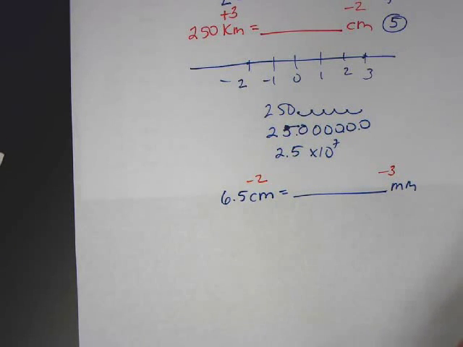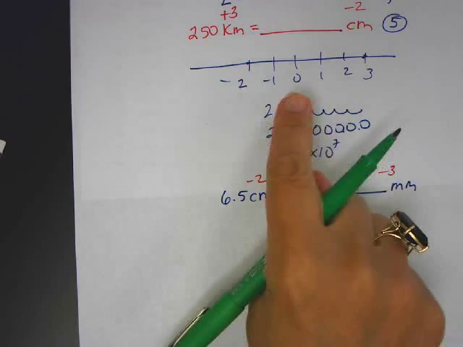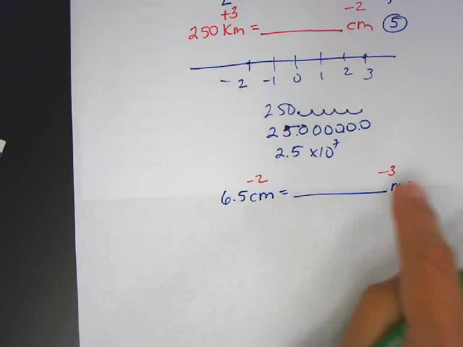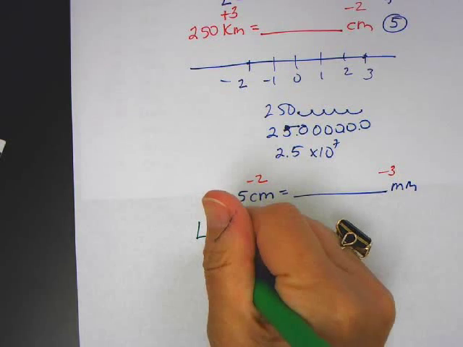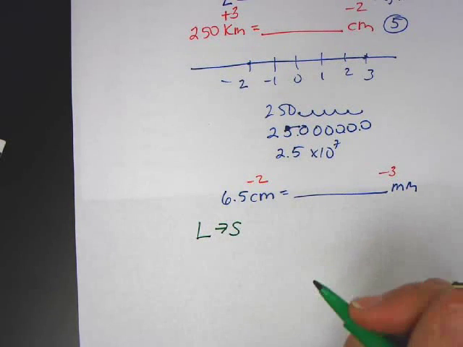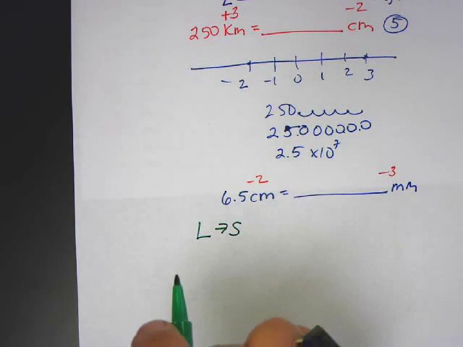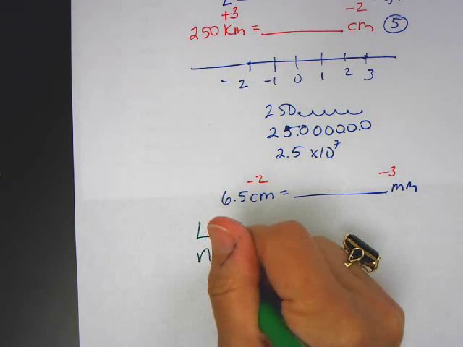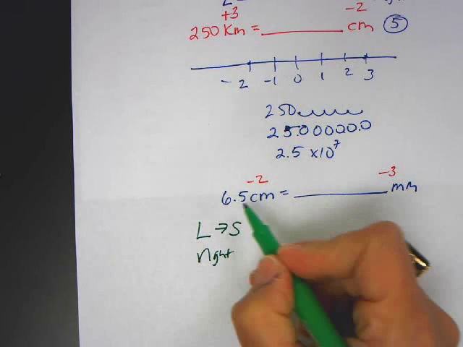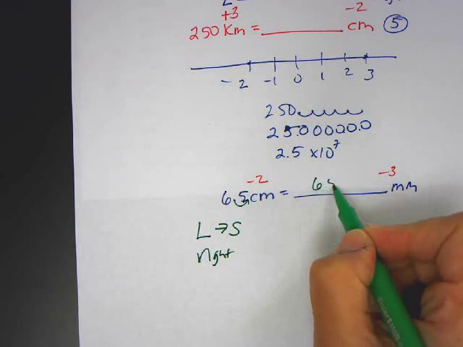So that's why we memorize: in this particular case, negative 2 on a number line is larger than negative 3. So I'm actually going from a larger to a smaller, and when I go from a larger to a smaller, I go to the right. So I'm going to go one place this way, and it's going to be 65 millimeters.